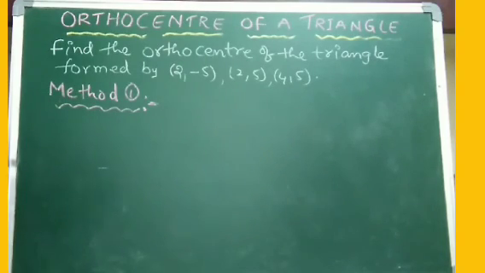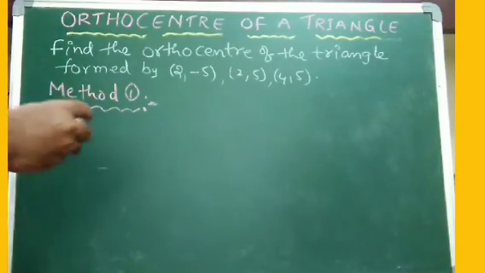After discussing the remaining concepts, we will discuss how to find the orthocenter for triangles other than a right angle and other than an equilateral triangle. So here my intention is how to find the orthocenter of a right angle triangle. This is the only one I am going to teach you.